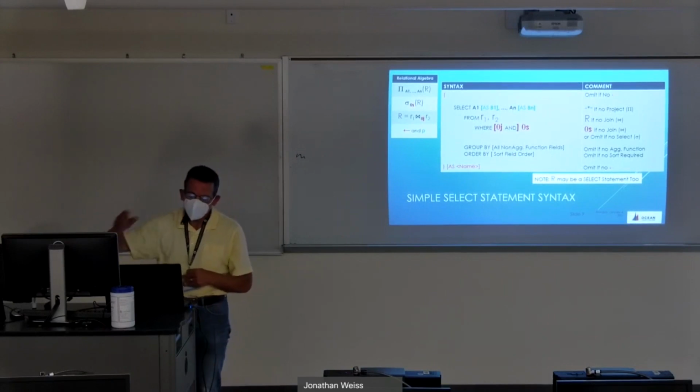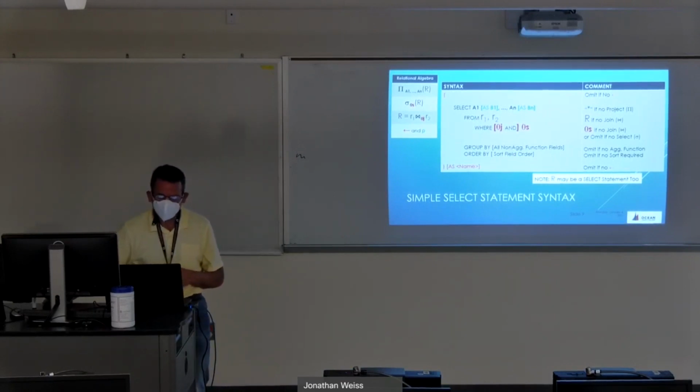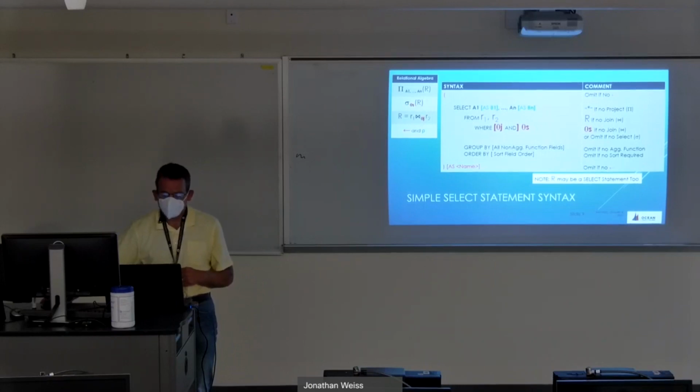Okay, so that's after the keyword select, that's the next thing you're going to put in, that list of attributes. The relations that are part of your join are where you're getting those things from. So from the relations that are in your join.